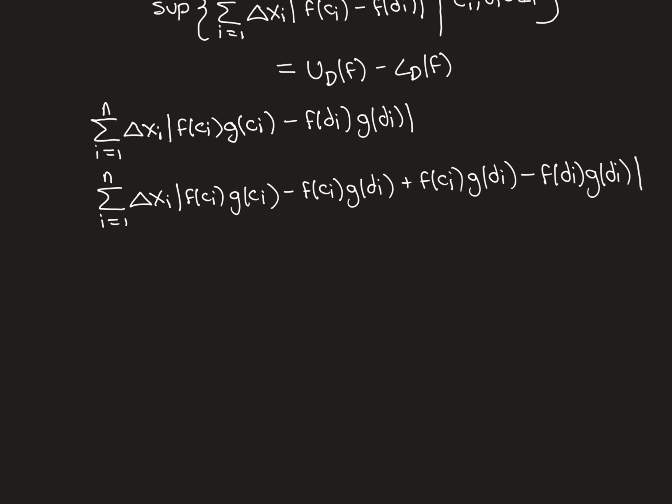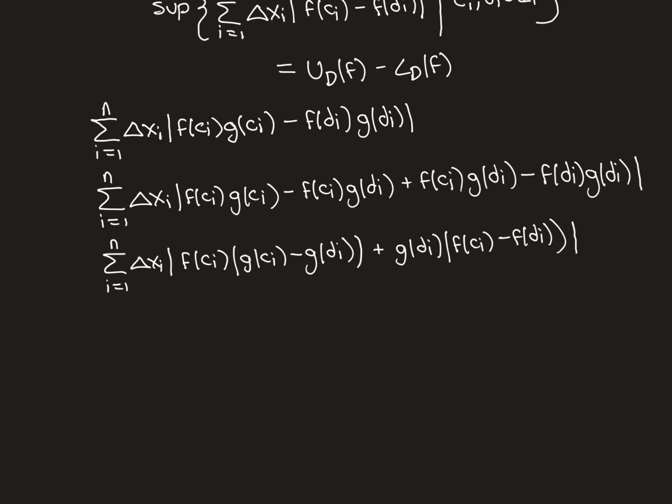And the reason we're doing this is because we're trying to get things just in terms of the function f and the function g, because remember, we know that f and g are Riemann integrable, and we need to use information that we know just about those individual functions to try and get us some information about the product of the two functions. And this magic trick is trying to split the two functions apart, and it's going to work beautifully, and you'll see how.